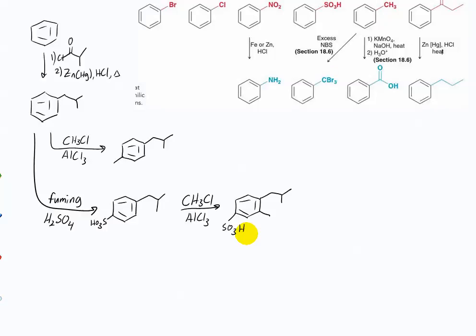So in that way, we can very carefully select for that product. Okay. Then we need to remove that blocking group in dilute acid, and we have our product in good yield. All right, so that's the best solution to that problem.